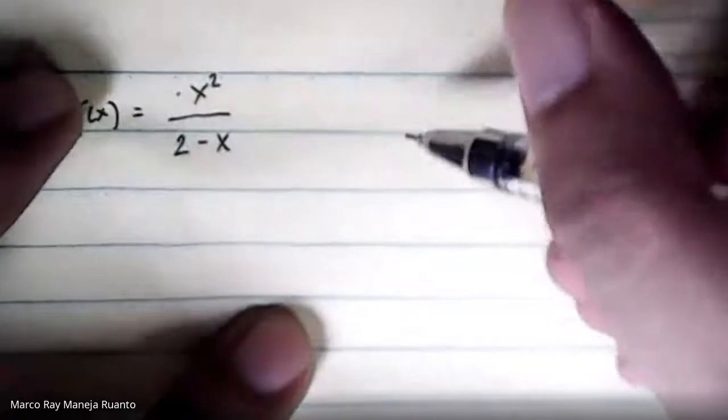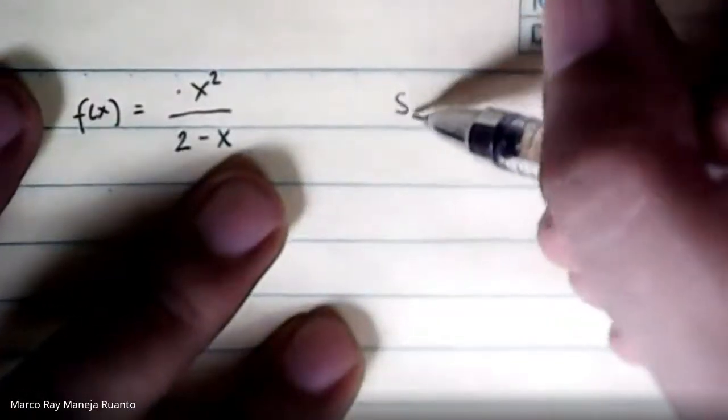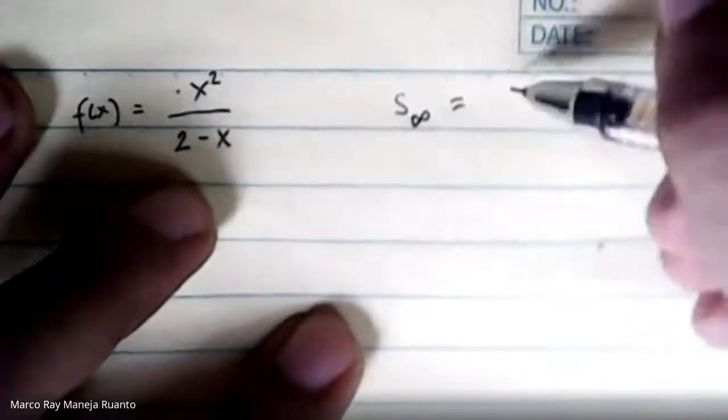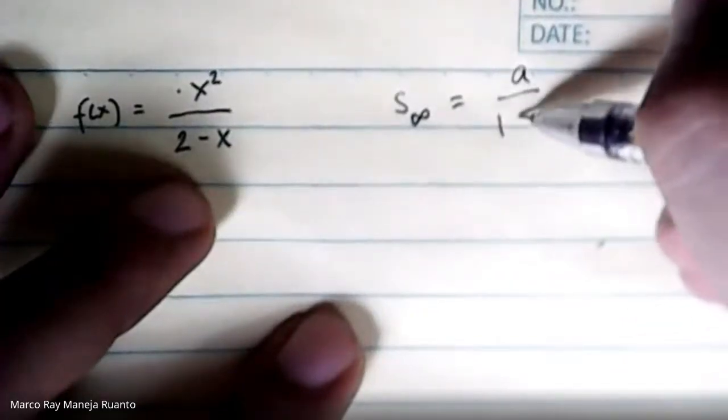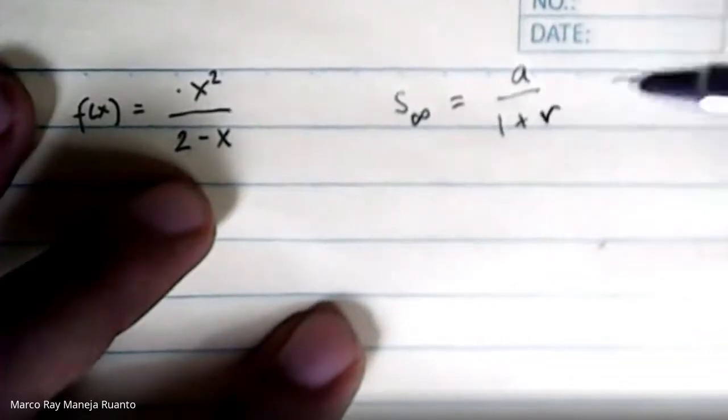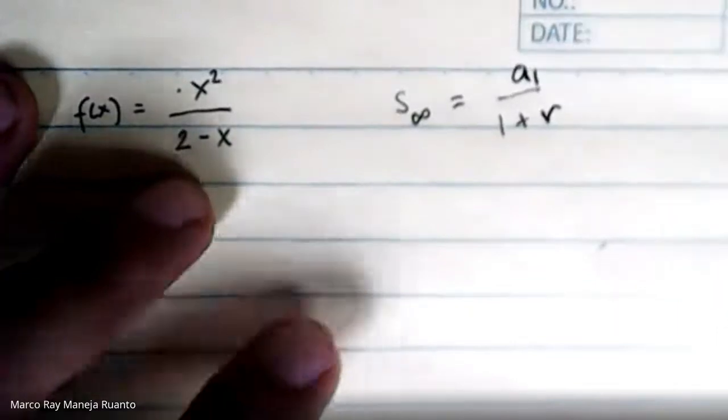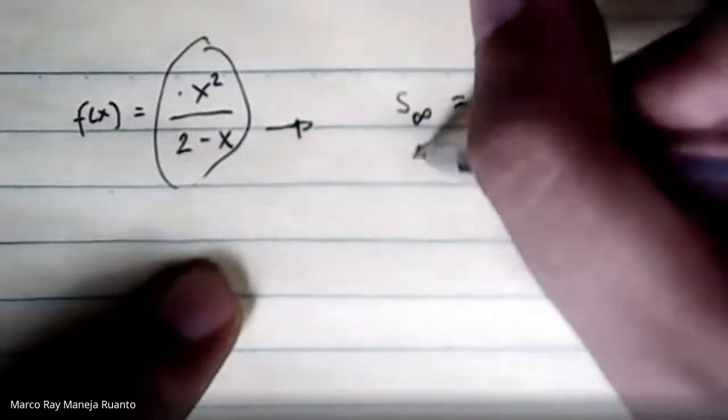And a geometric series is convergent if we can express it in a way such that the sum to infinity is equal to a over 1 minus r, where a sub 1 is the first term. So what we will do is transform the function into this expression.